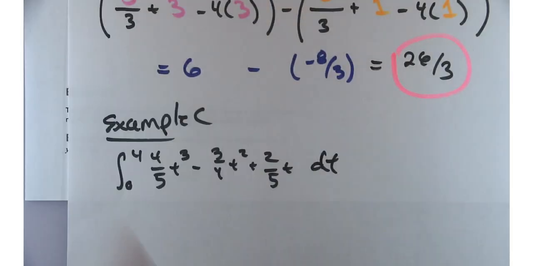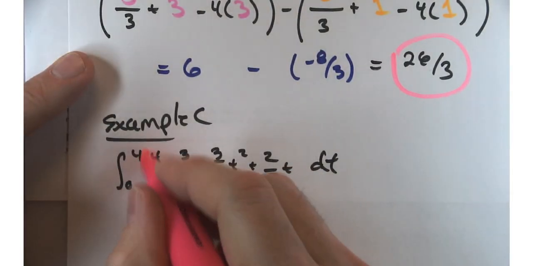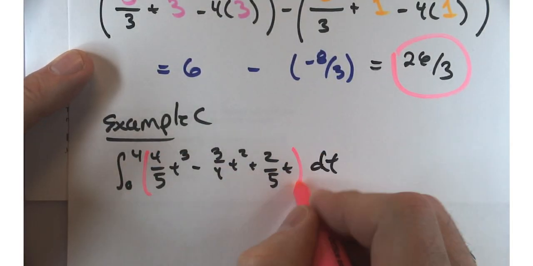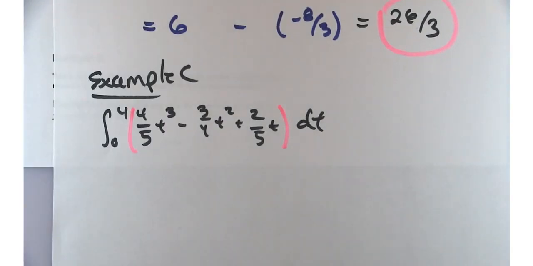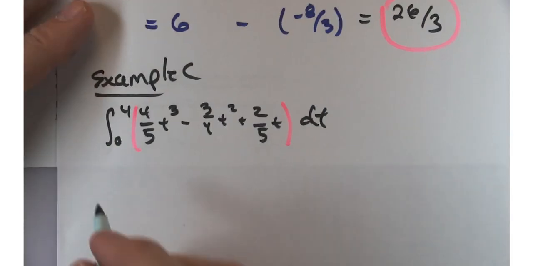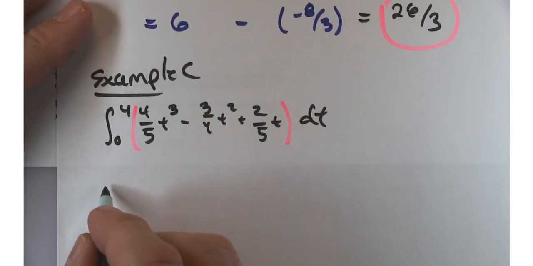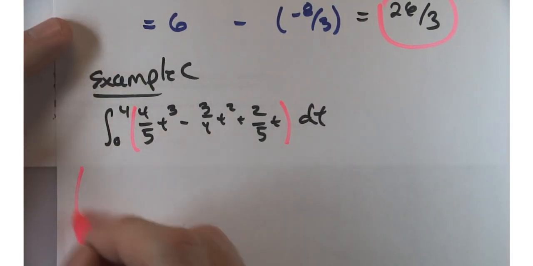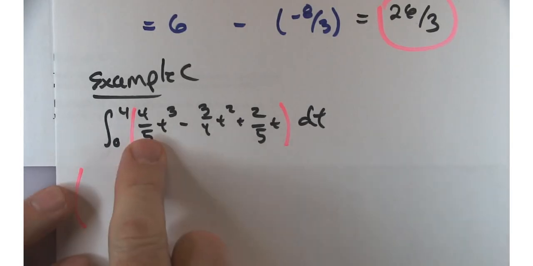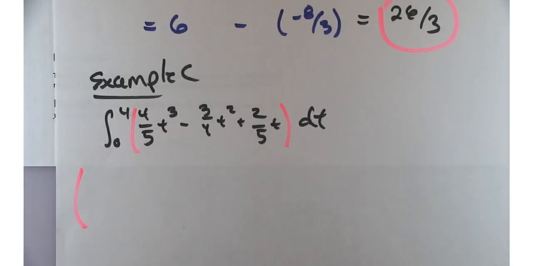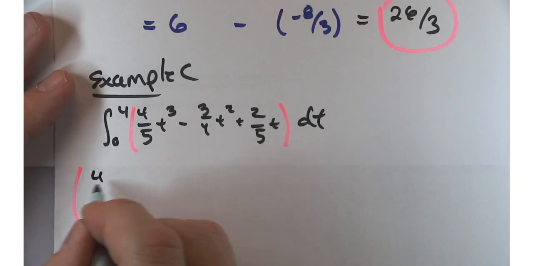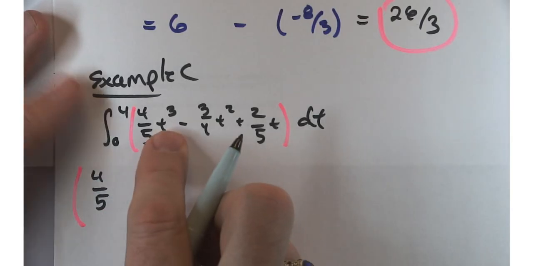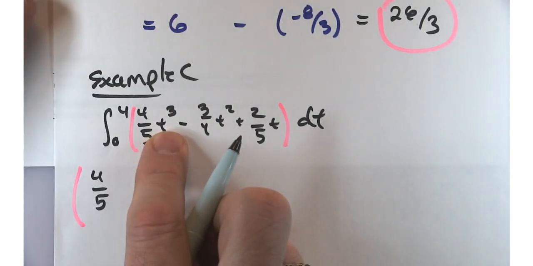Let me put a little parenthesis around this. When they get a little messier like this, my advice would be to not try and do everything at once. Try and find the antiderivative a little piece at a time. So let's do it this way. I'm not going to worry about the 4/5 just yet. Let's just focus on the antiderivative of t cubed.